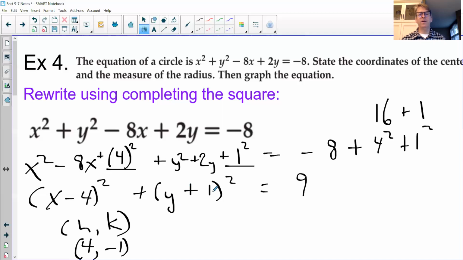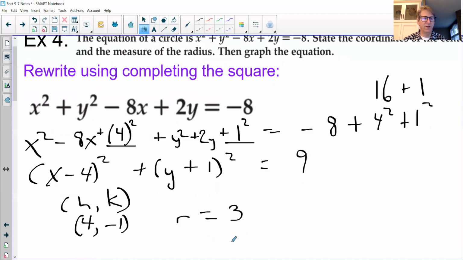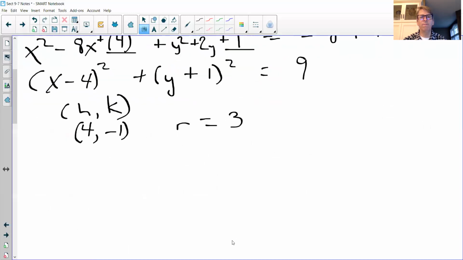Because you're adding +1, and since it's a +1, you want to subtract a -1. Makes it a positive. And this 9, the radius is 3. So the radius is 3, and the center is 4, -1.